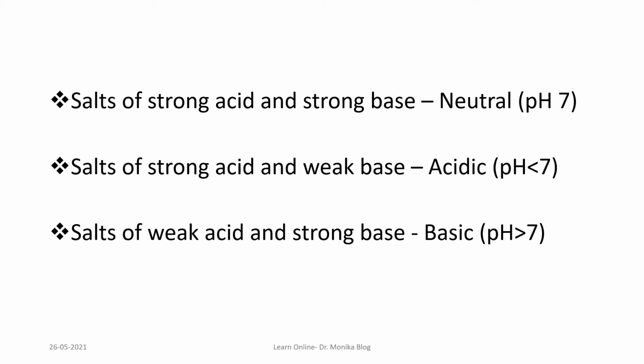Salts of strong acid and strong base are neutral. What is the meaning of neutral here? Salts of strong acid and strong base are neutral, having a pH of 7.